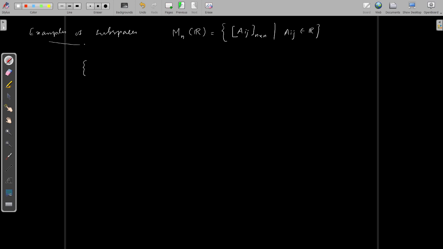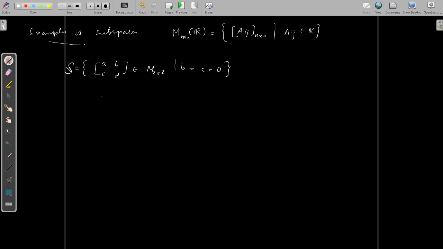This forms a vector space with the usual matrix addition and scalar multiplication. Now consider a subset of M_2(R), the set of all 2 by 2 matrices [A, B; C, D] with B equal to C equal to 0. Let it be S.